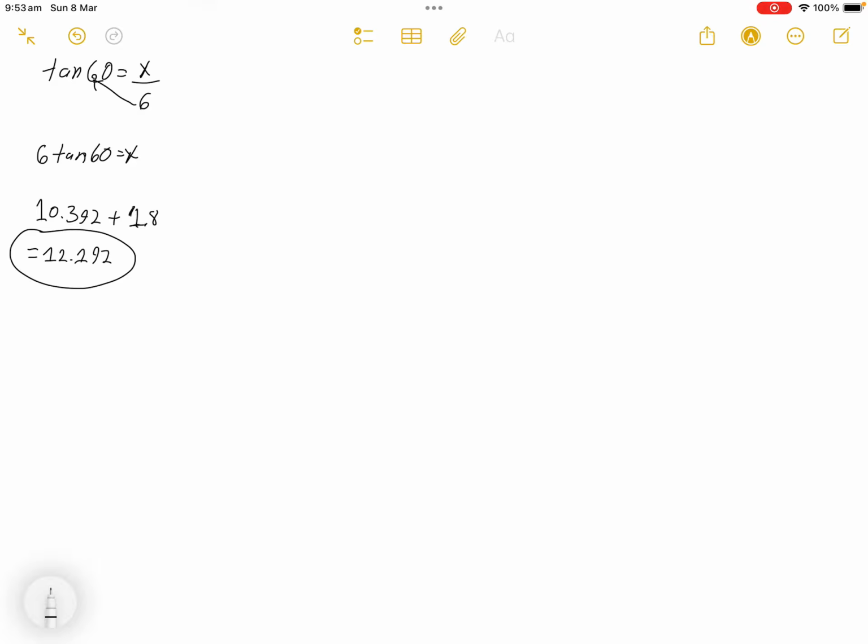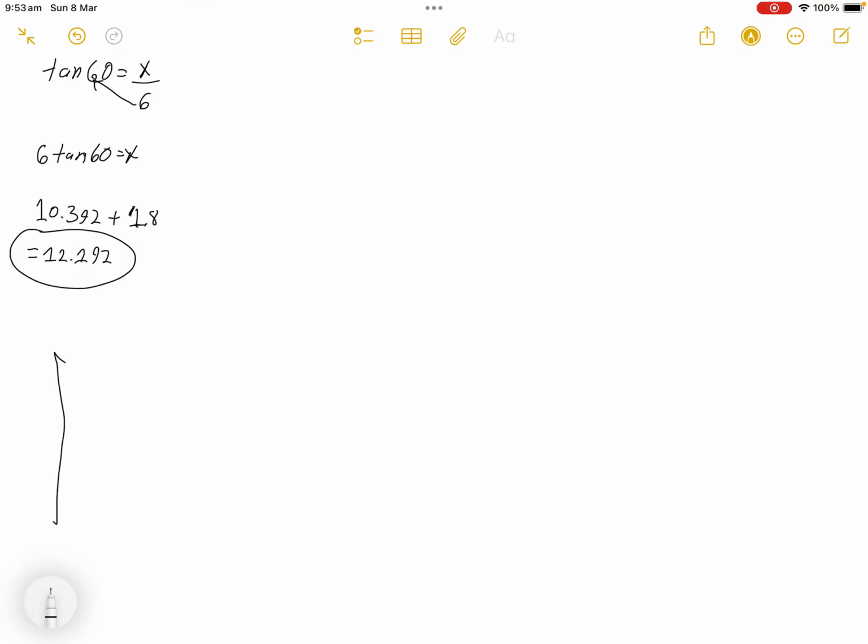So that means we can use cosine, which is adjacent over hypotenuse, because the hypotenuse represents the distance between the eyesight of the boy and the ball.